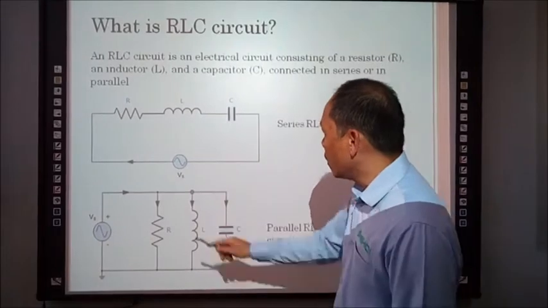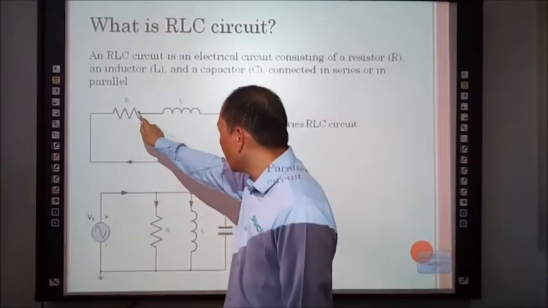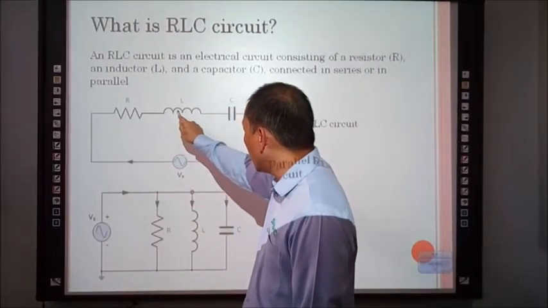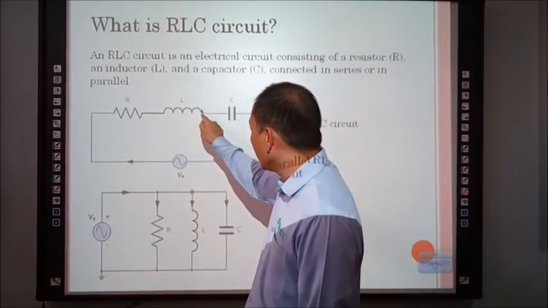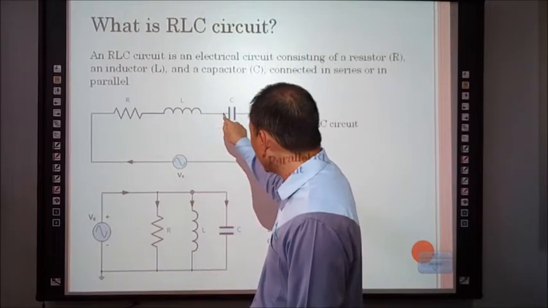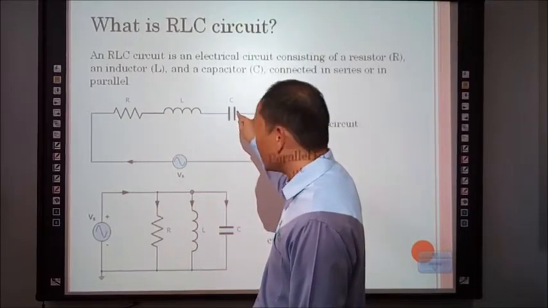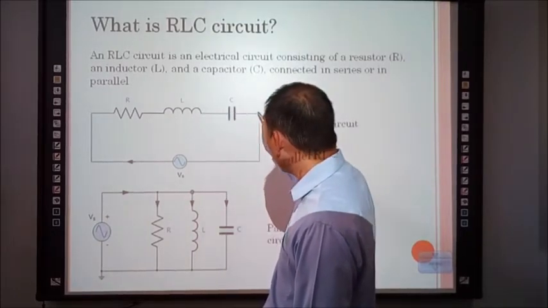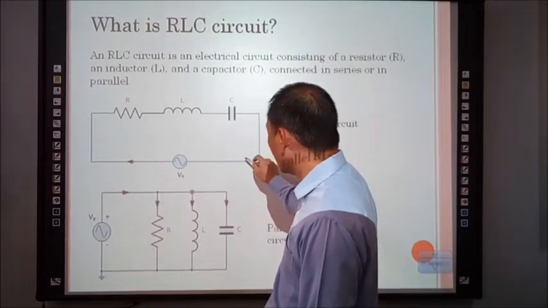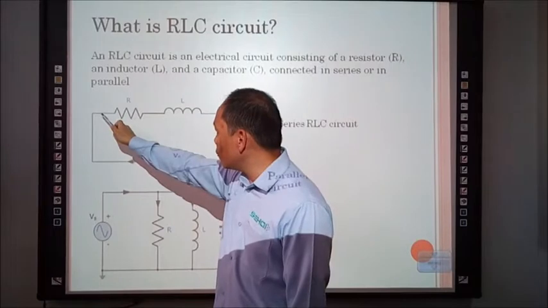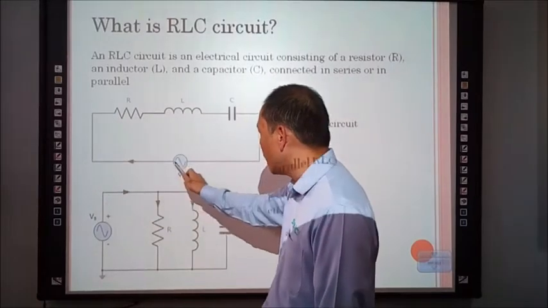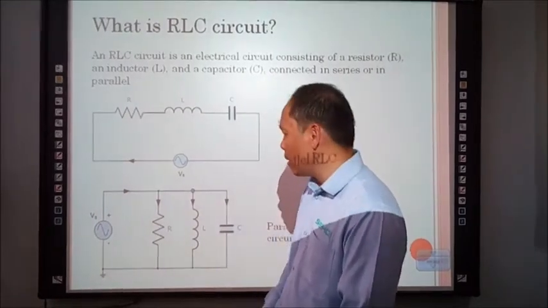Your R1 here is connected to the inductor, and the inductor is connected to the capacitor, while the end of this capacitor is connected to the source voltage, and the other end of the resistor is connected to the source voltage.